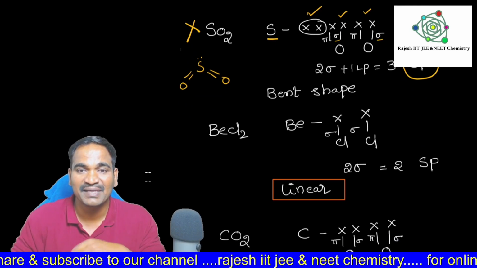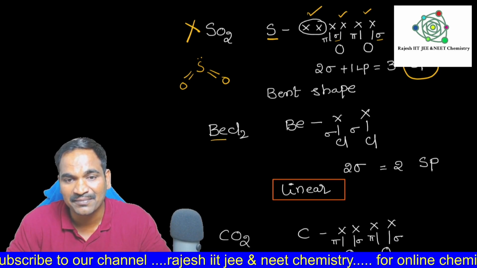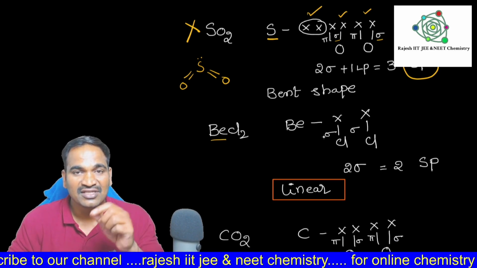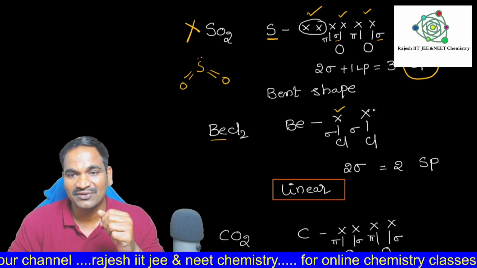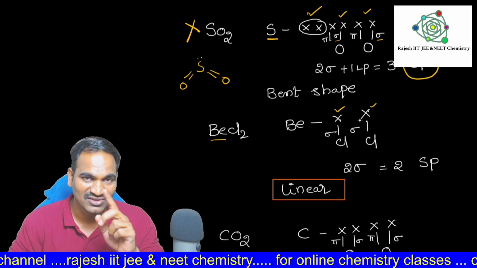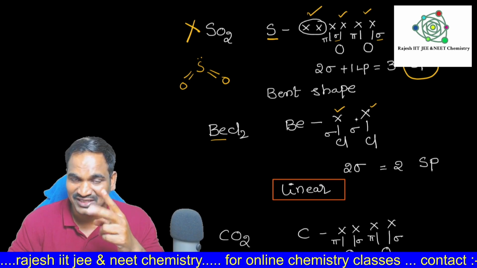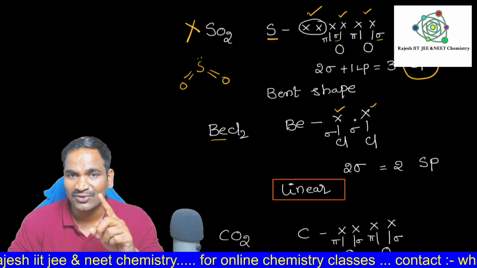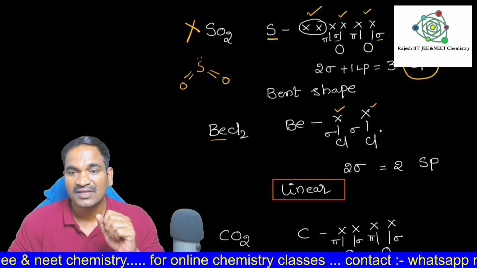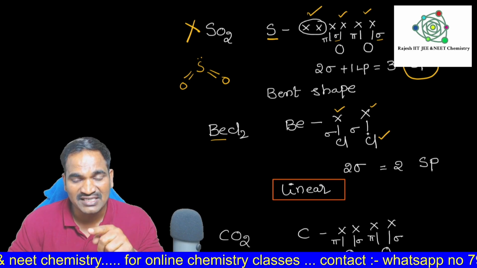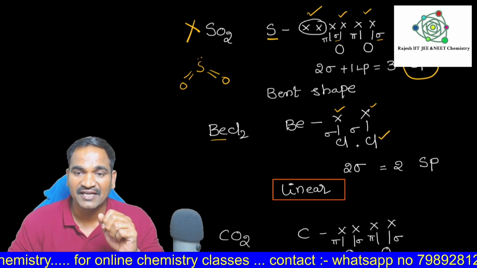If you take BeCl2, the beryllium has 2 valency electrons. That's why I wrote 2 valency electrons here, and it is bonded with 2 chlorines. But you need to remember, chlorine is monovalent, it can form only one bond. So this chlorine forms 1 sigma bond with 1 electron from the beryllium.